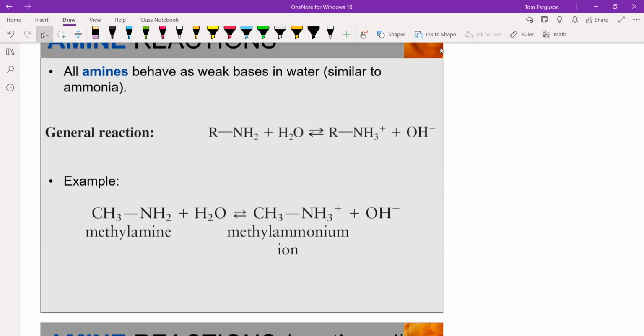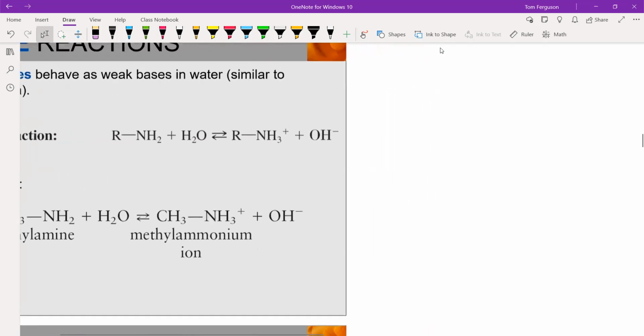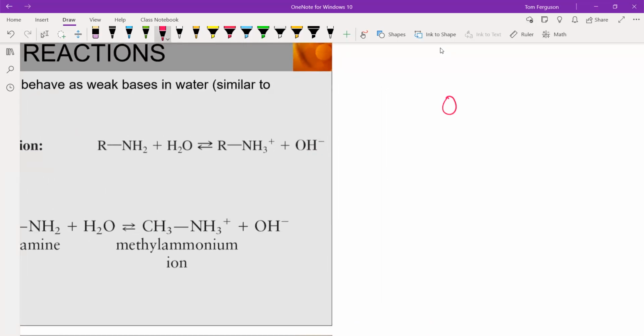Okay, now this is really important. If we have a nitrogen compound, and water, what can happen is that the hydrogen can bond with that lone pair on the nitrogen.